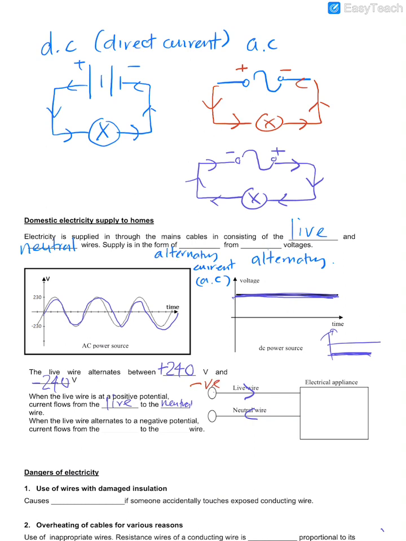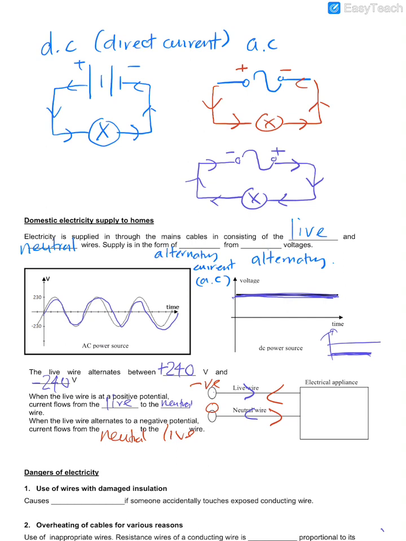This is a negative potential. This one, neutral, doesn't change, it's still 0. Now when the live wire becomes a negative potential, current flows from, what do you think? Neutral to live. Correct. Neutral to live. Why? Because now the neutral is at a higher potential.